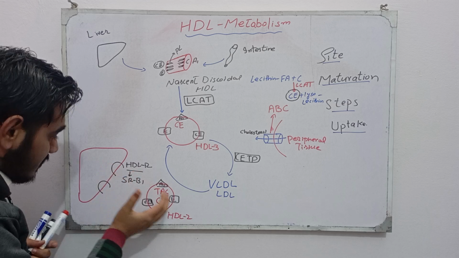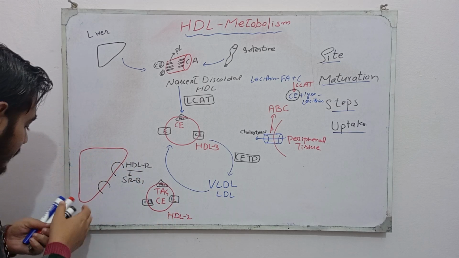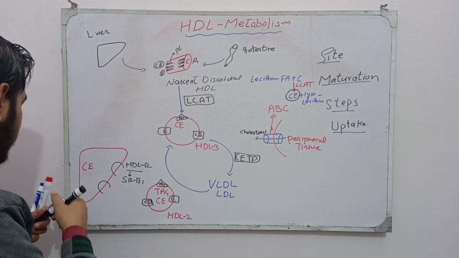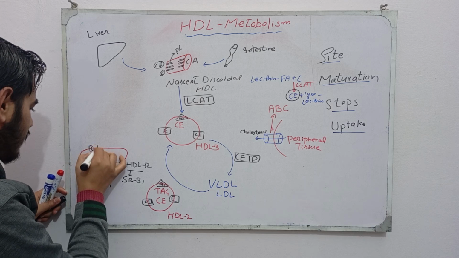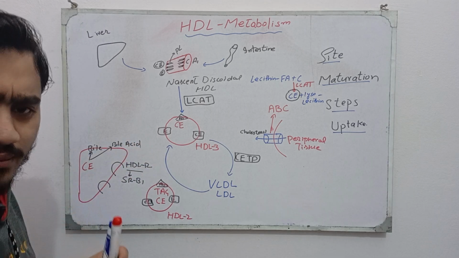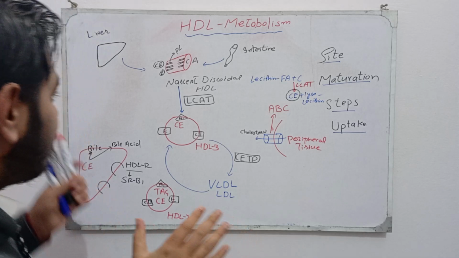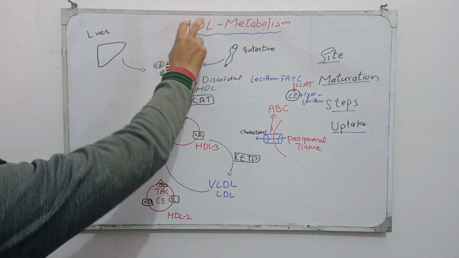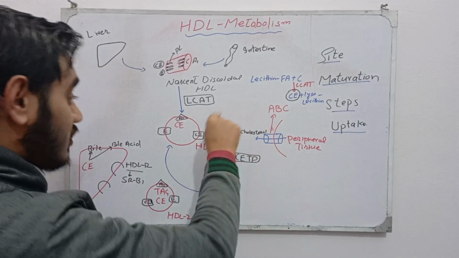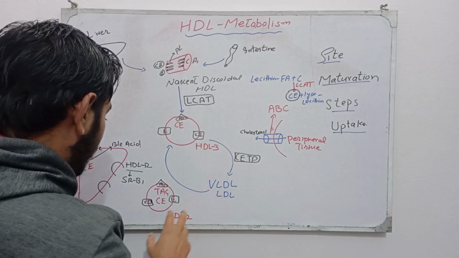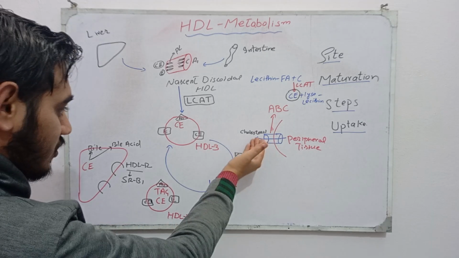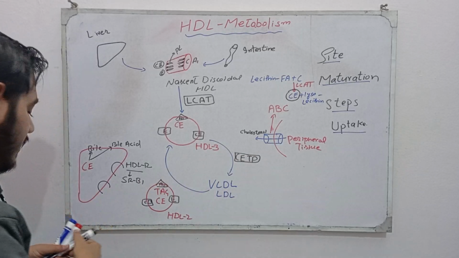With these receptors, HDL is taken up into the liver, where cholesterol ester converts into bile or bile acid for further metabolism. So here you can see why HDL is called good cholesterol, because it is responsible for the reverse transport of cholesterol from peripheral tissues to the liver.